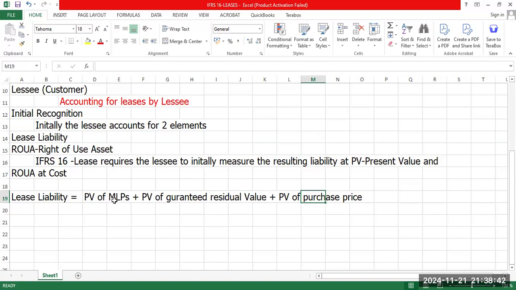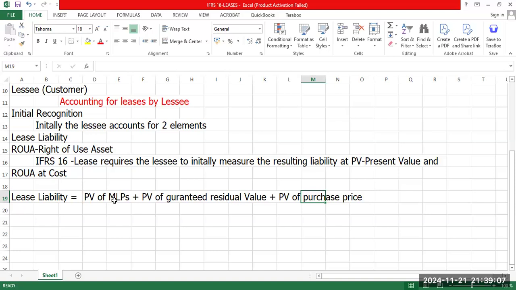Colleagues, MLP stands for minimum lease payment. What are you supposed to be paying every year? That is minimum lease payment. You have entered into an agreement. This is not your asset. The lessor has told you you must be paying me at least this amount of money every year, at the beginning of the year or at the end of the year.